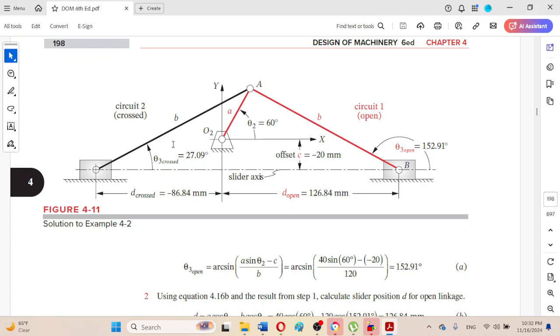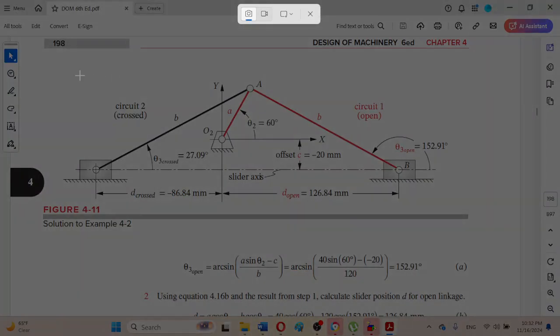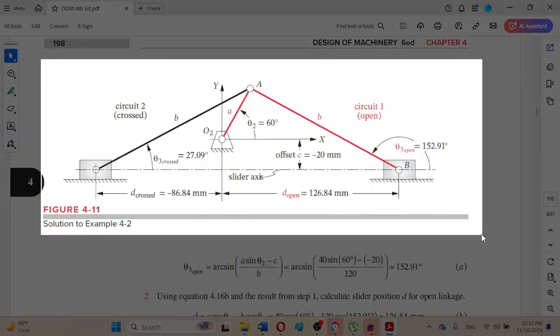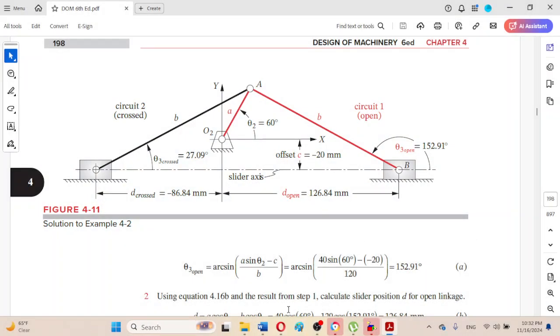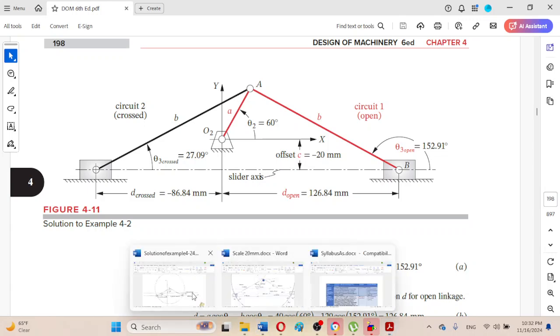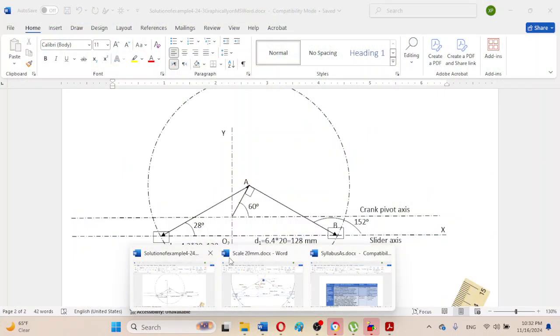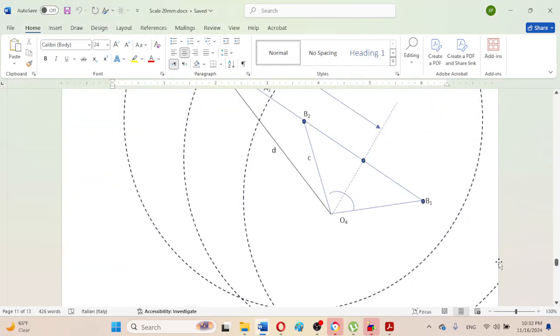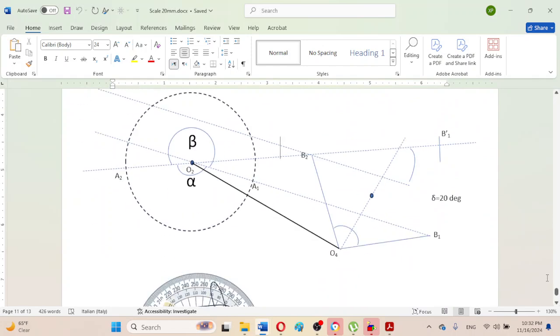So I can first of all take the snapshot of this complete diagram, position solution for this example 4-2, and I can just, for example, copy it on some blank page.